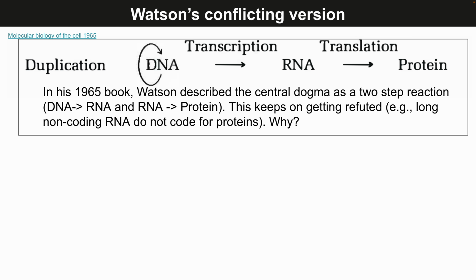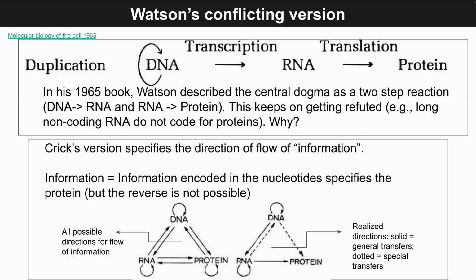But at some point, he went back and revised it. I think the latest versions have been revised because there were some arrows missing. One such arrow was, of course, RNA to RNA. But this version that he wrote in his book, which is often misconstrued as the central dogma of molecular biology, is actually not the central dogma of molecular biology.